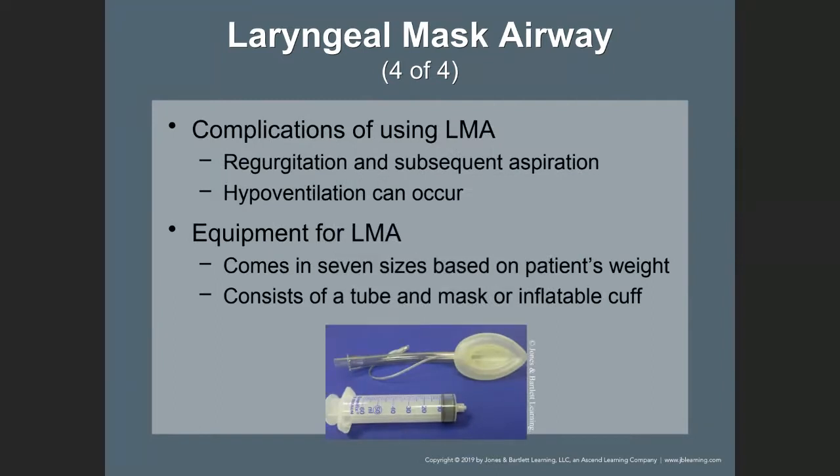Complications of using the LMA: regurgitation and subsequent aspiration is possible. Hyperventilation can occur. Equipment for LMA: it comes in 7 sizes based on the patient's weight, consists of a tube and a mask or inflatable cuff.